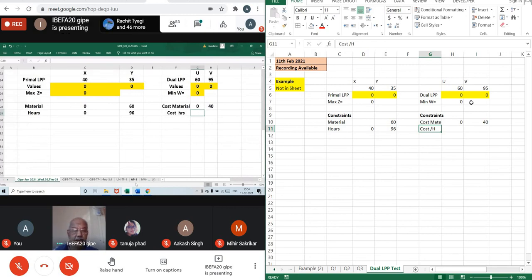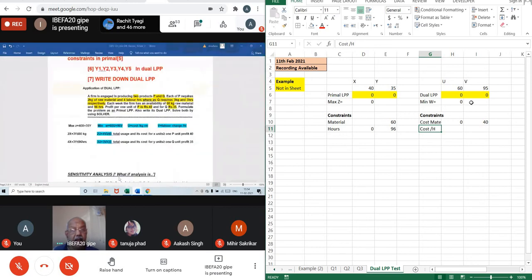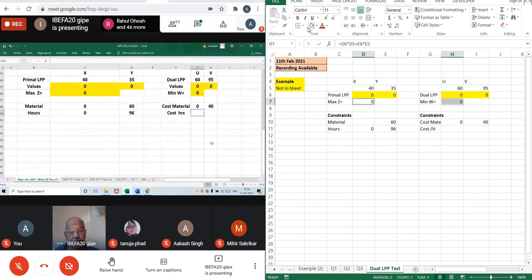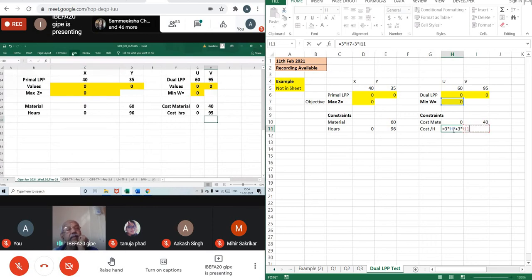Next, 3U plus 3V, 3 multiplied by U plus 3 multiplied by V, definitely not less than 95. Let us see how the answer becomes.